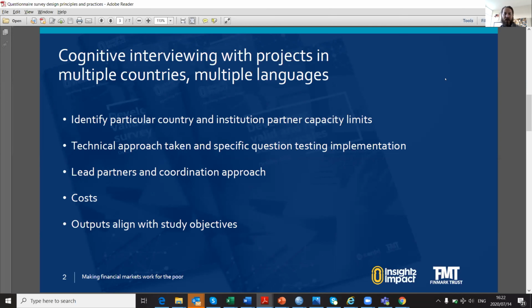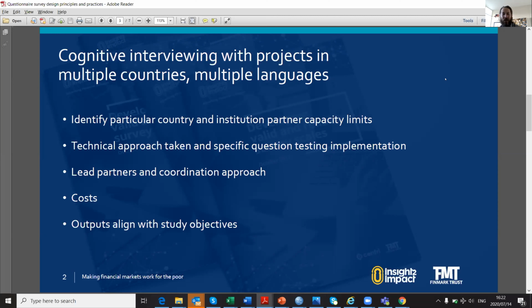So, as Iska was saying, there are projects where cognitive interviewing can take place in multiple countries and multiple languages. And if you think about doing this optimally, there are different approaches that can be done. You could do it in series where you do one country, and then you say that country must go off and implement its questionnaire, and learnings can then be implemented in doing cognitive interviewing in another country.